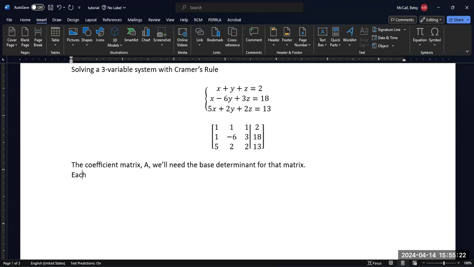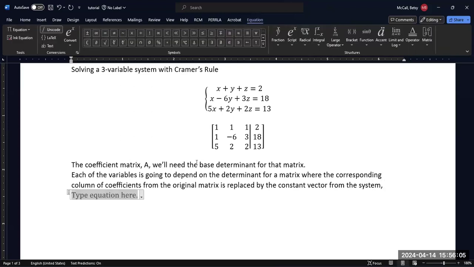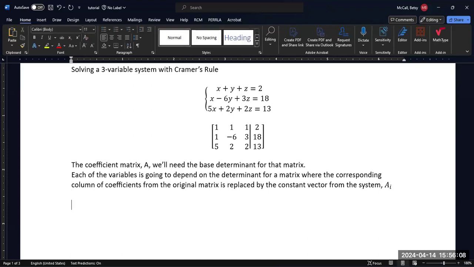But then each of the variables is going to depend on the determinant for a matrix where the corresponding column of coefficients from the original matrix is replaced by the constant vector from the system. And so we're going to call those A sub i, just so that we have a consistent notation.